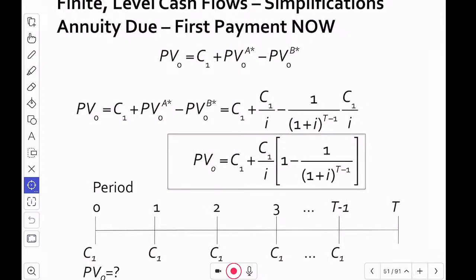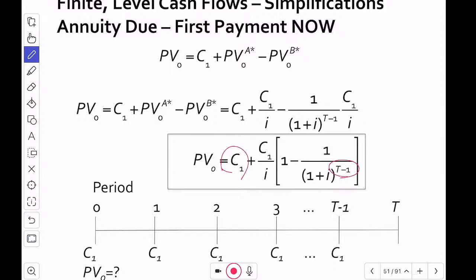So this is what you get. You get that C1, the upfront payment, and then you have this situation, which I demonstrate. This is just a perpetuity times an adjustment factor. These are the differences from the annuity in the formula. It's T minus 1, so it's an annuity with one less payment because the first one is here.